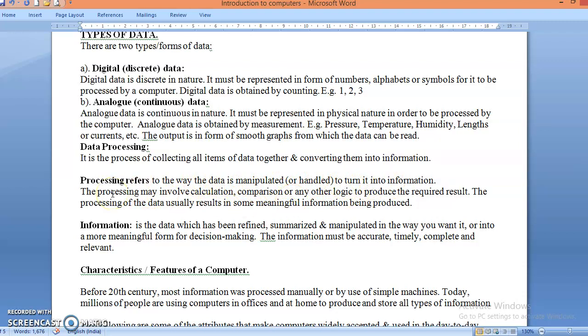It may involve calculation, comparison, or any logical operation to produce the required result.